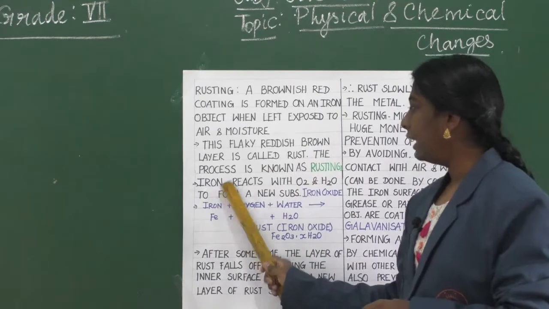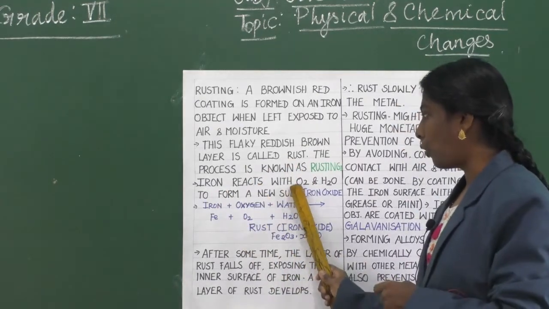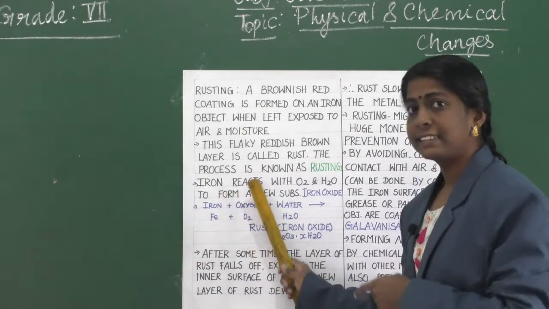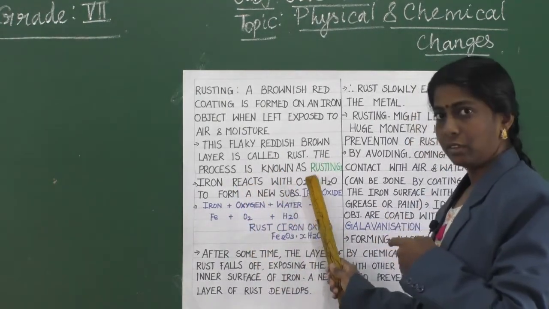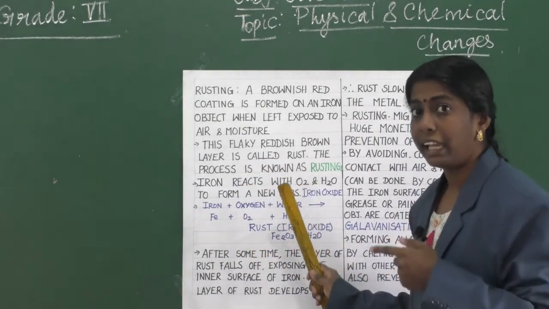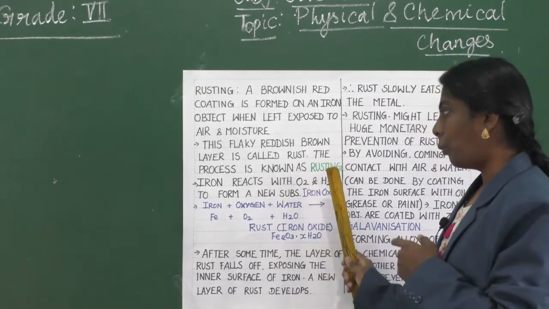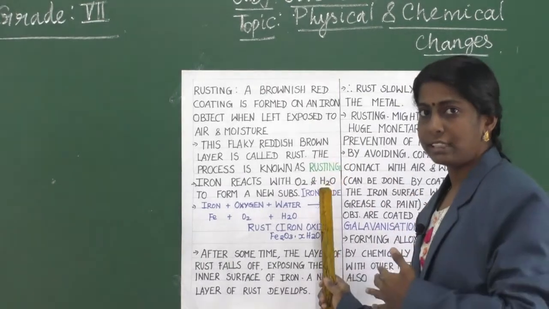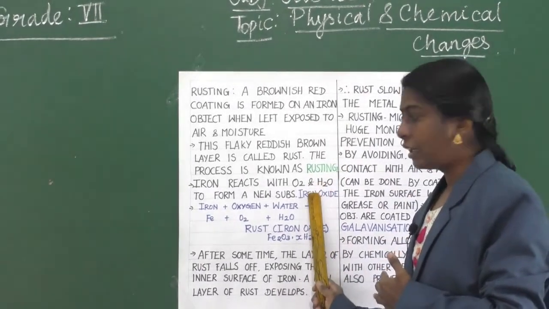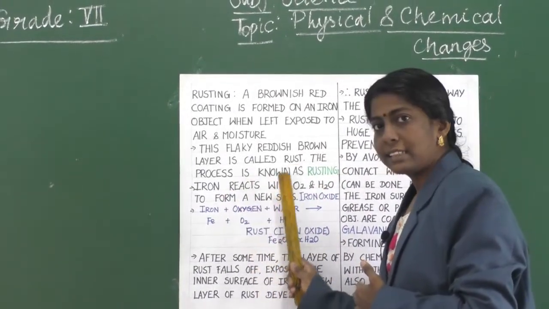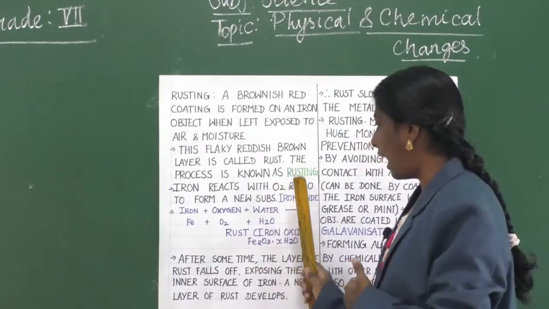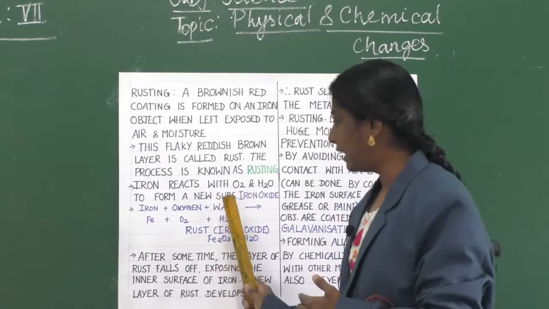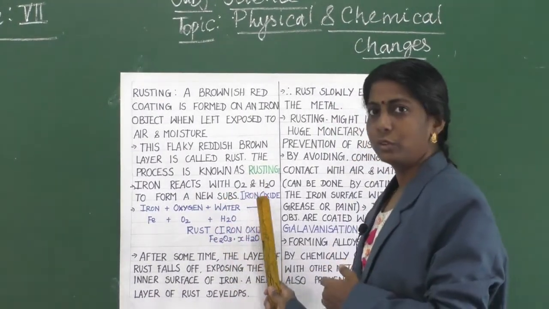Clear? Iron reacts with oxygen and water. Iron reacts with oxygen, which is taken from air, and water. We will add either tap water or distilled water. So, iron reacts with oxygen and water to form a new substance, that is iron oxide.